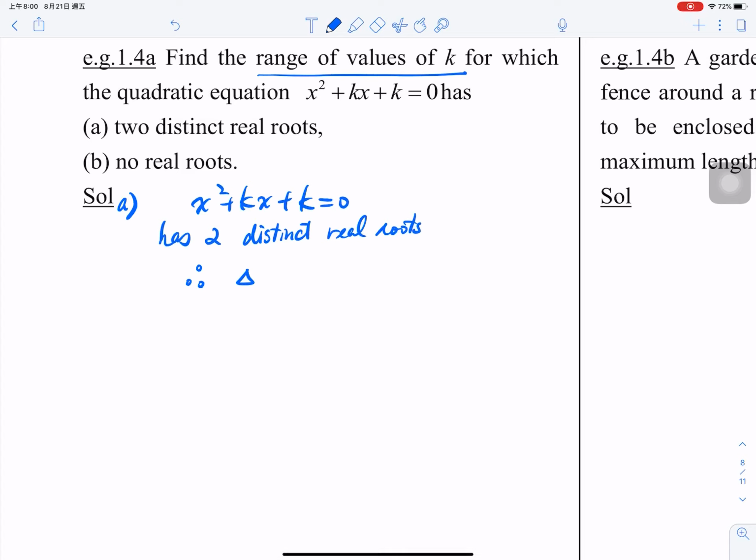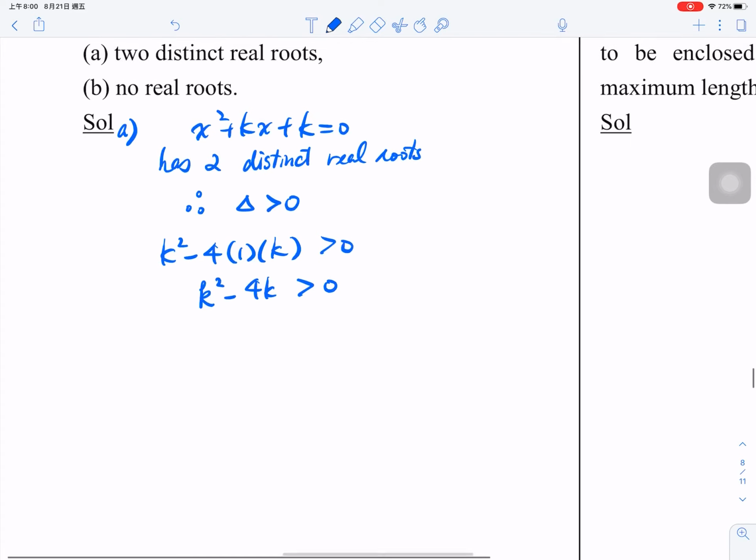Two distinct real roots, yeah, delta greater than 0. That means b squared minus 4ac greater than 0. Good. And you found k squared minus 4k greater than 0. Solve it.